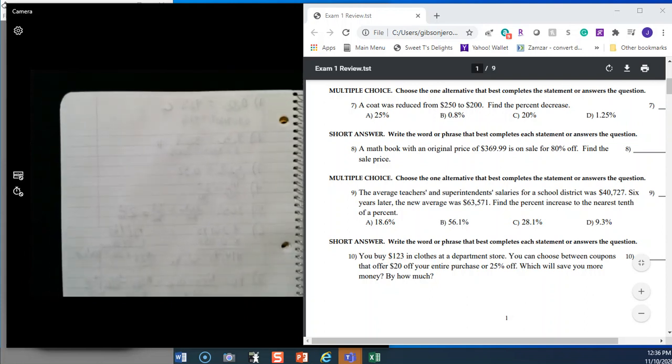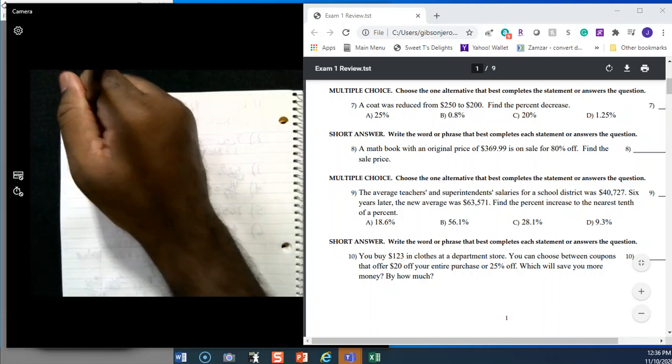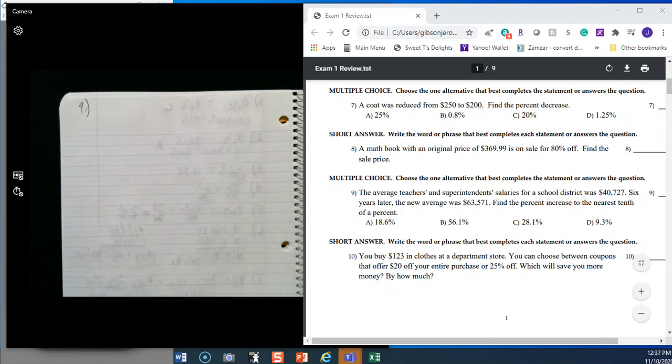So now we go here to problem number 9. It says the average teachers and superintendent salaries for a school district was $40,727. 6 years later, the new average was $63,571. Find the percent increase to the nearest tenth of a percent.